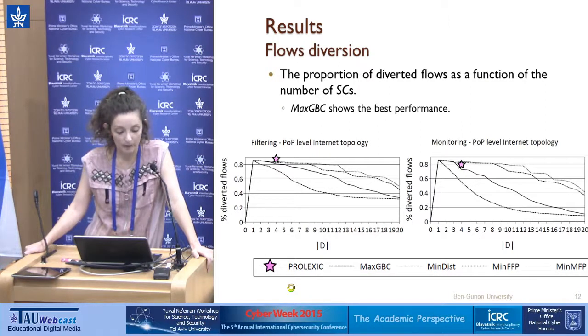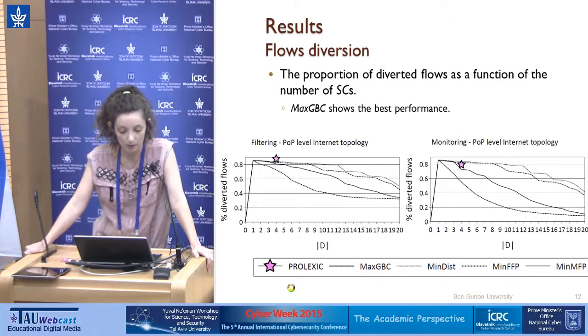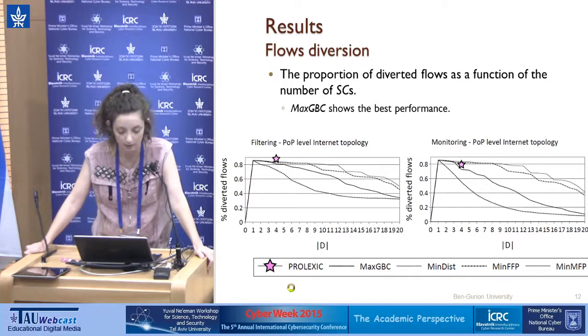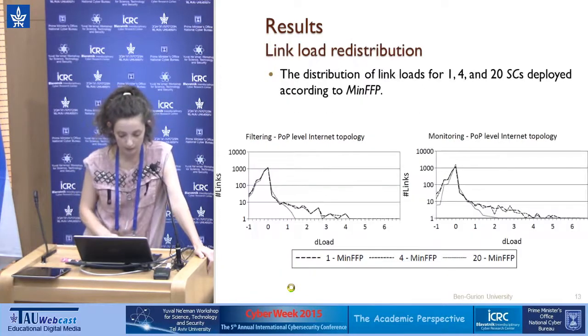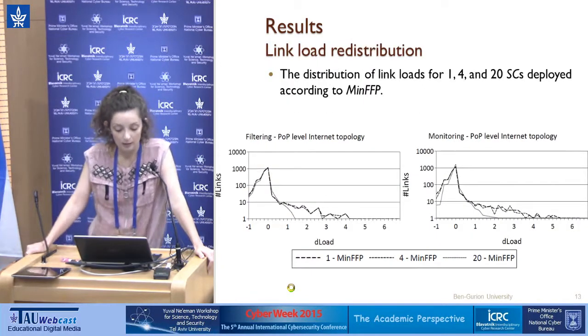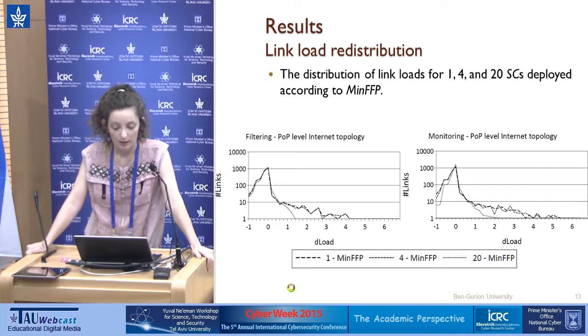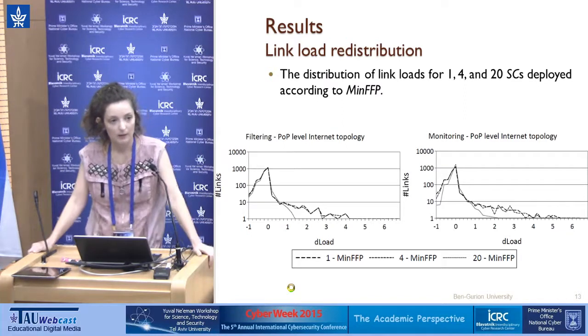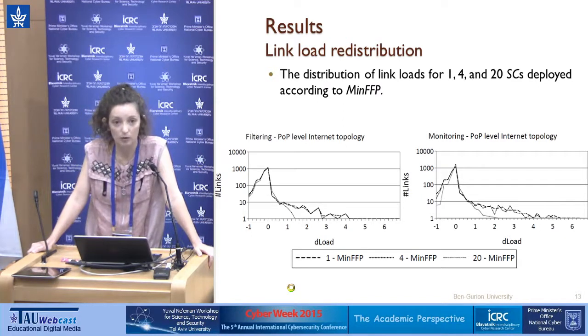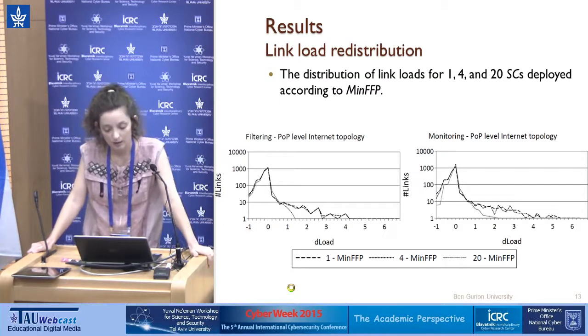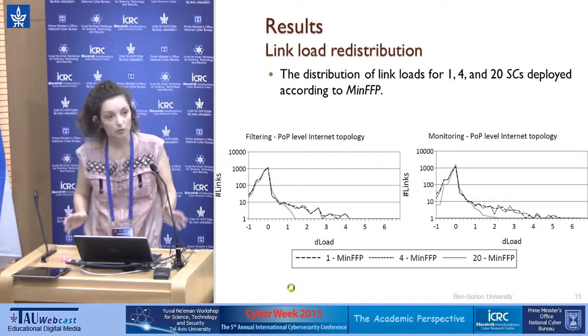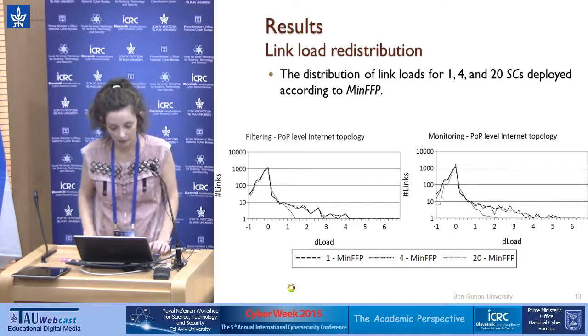As expected, with respect to flow diversion, the proportion of diverted flows, the best strategy was MaxGBC. Regarding load redistribution, in this research we did not optimize the redistribution of load, since we assume that when a scrubbing center is deployed, the network capacity in its region is increased accordingly to accommodate the new expected traffic.